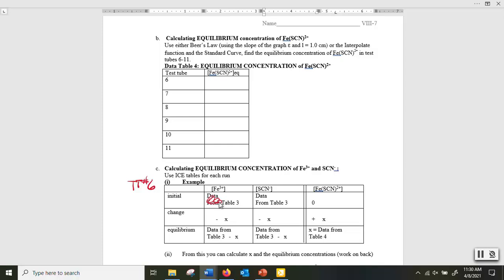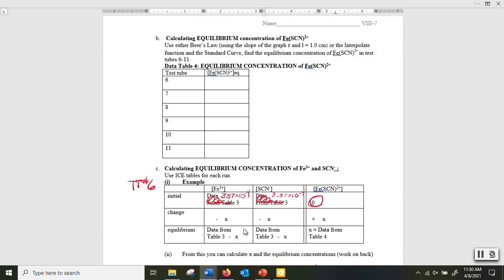Our initial concentration here is 3.57 times 10 to the minus fourth. And if you look at your SCN, you'll also see that it is 3.57 times 10 to the minus fourth. But when you made these solutions, did you put in any of this iron thiocyanate? No, you didn't. So it is absolutely 0. And now, as always, minus x, plus x.